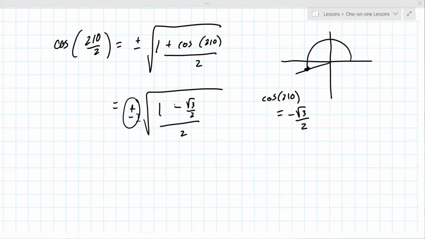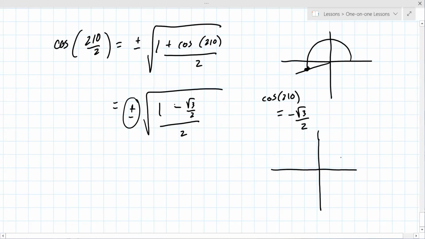So let's deal with the plus or minus here. A lot of times students just guess. What quadrant is 105 degrees in? 105 goes all the way to the left, so it's quadrant 2. All Students Take Calculus.